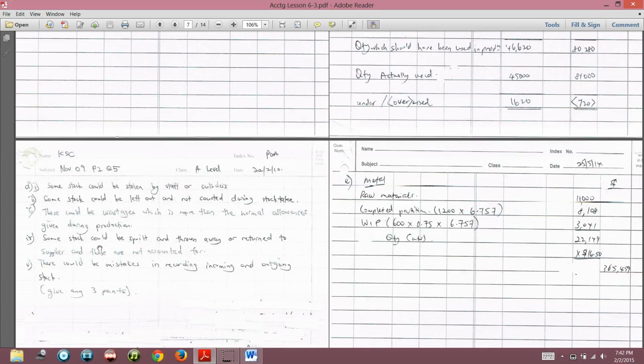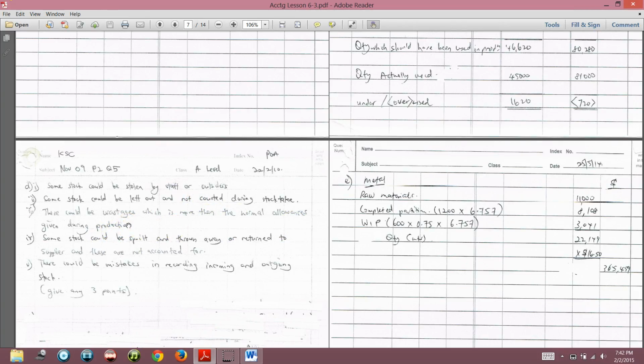You know, the 7 meter of metal and 12 meter of fiberboard includes normal allowance of wastages. So the wastage could be more than the normal allowance or less than. Oh, so you can add here, there could be wastages that is more, maybe slash bracket or less than the normal allowance given during the production.